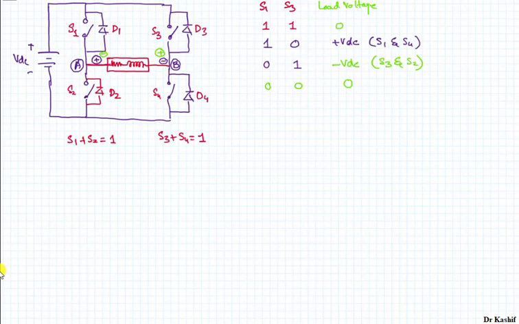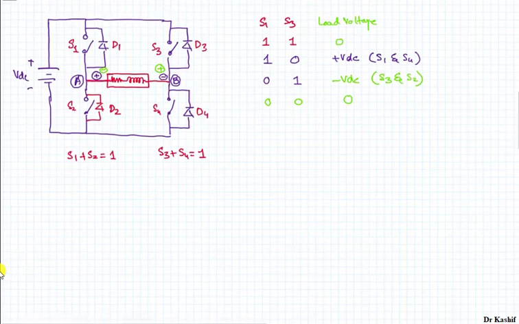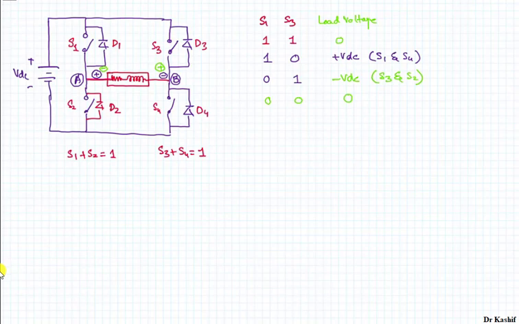So with respect to the high side switches, we can make this table, and the conduction of the diodes I have already explained in the previous slides, how and when your diodes will be conducting. So now let's move towards the waveforms, how we can draw the current and voltage waveform for this circuit.